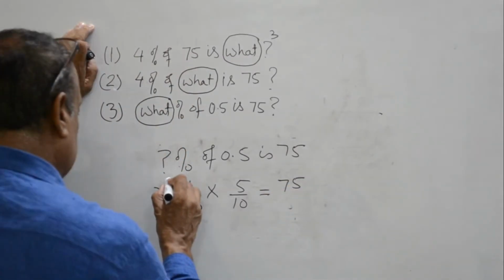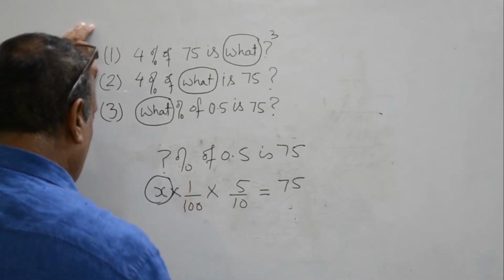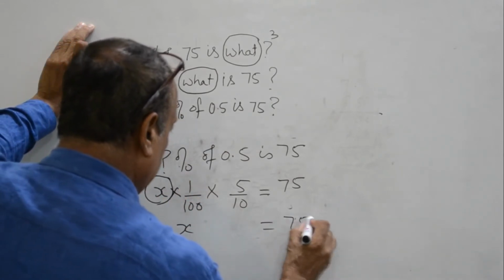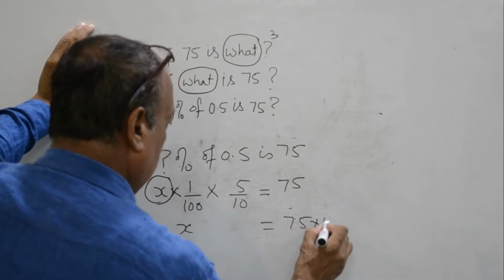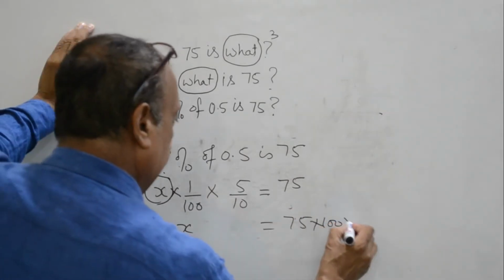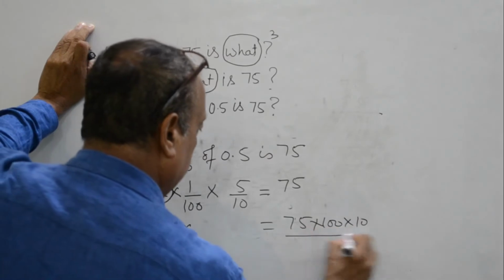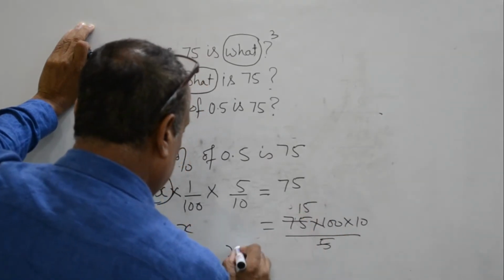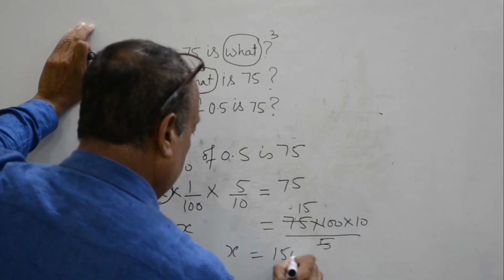So this x is to be found out. So x is equal to 75 into 100 into 10 upon 5. So x comes out to be 15,000.